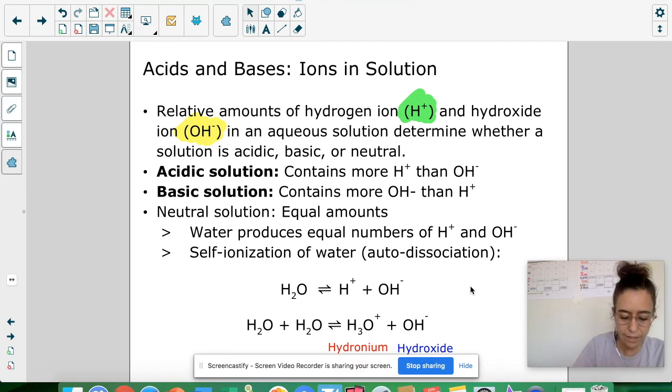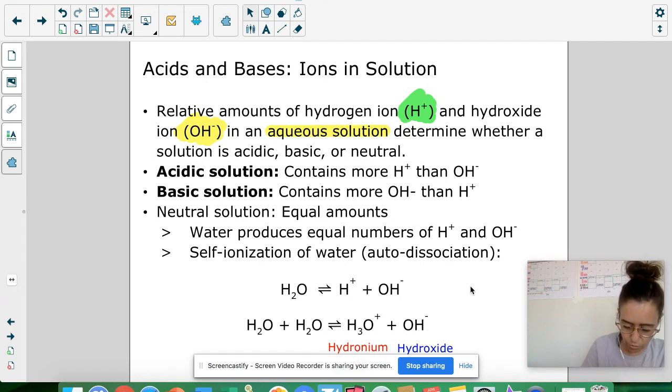When we have an aqueous solution, that means that that's a solution that is dissolved in water. So what this means is that the amounts of hydrogen ions and hydroxide ions that are dissolved in a solution of water, in an aqueous solution, will tell you whether you have a basic solution or an acidic solution. What's going to be an acidic solution?